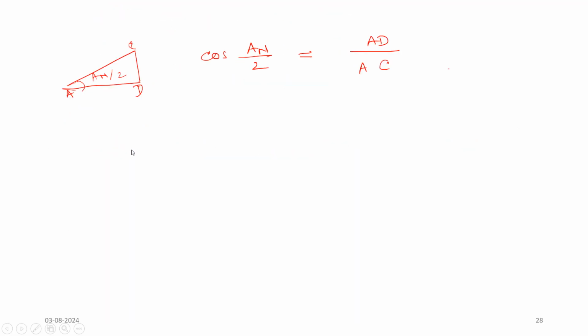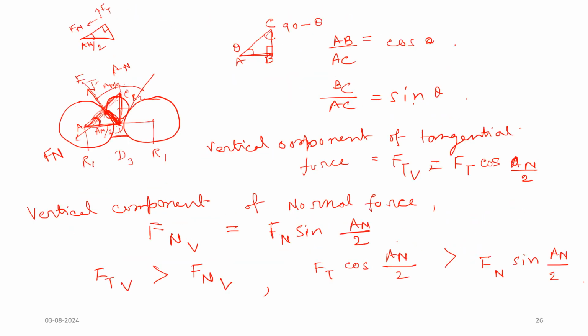Okay. So what will happen? This is R1. So AD is R1 plus half of D3. Suppose half of D3, we can write it as R3 also. So as it is, let me write: it is R1 plus D3 by 2. And what is AC from this picture? AC is also, from this point to this point, the distance is R1, right?